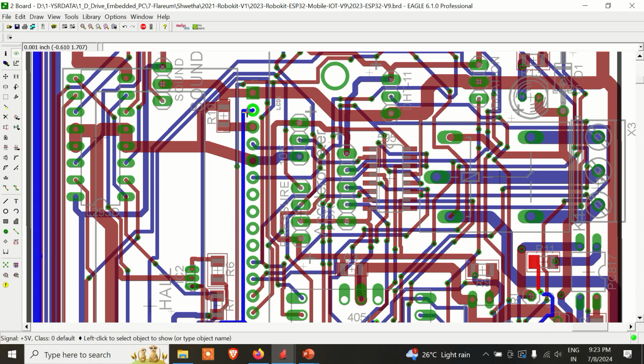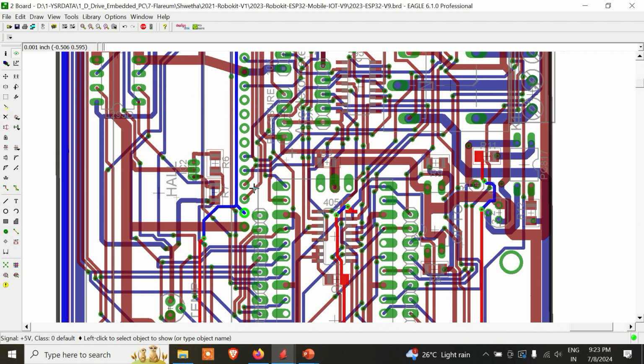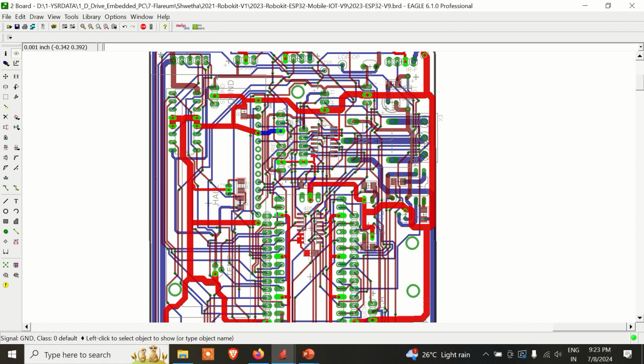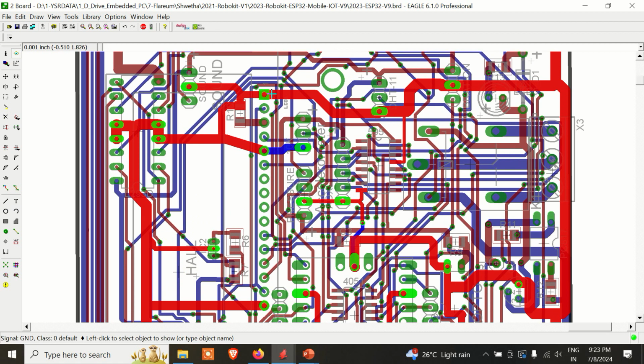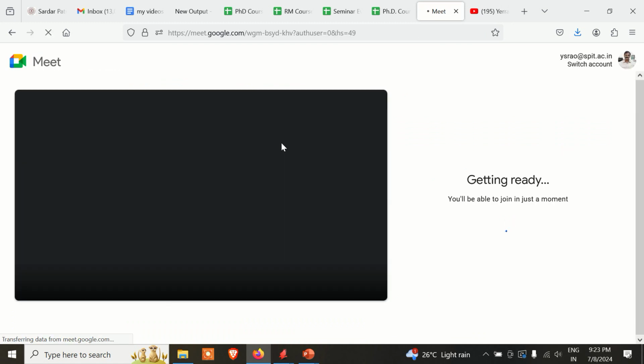The next pin, pin number 2. This is your 5 volts which is passing through the PCB. So if you have time, you can also check the continuity wherever the supply line is passing and wherever the ground line is passing, whether continuity is there or not. And undoubtedly there should not be any short circuit between the ground and the VCC. So let's see physically how you verify this.